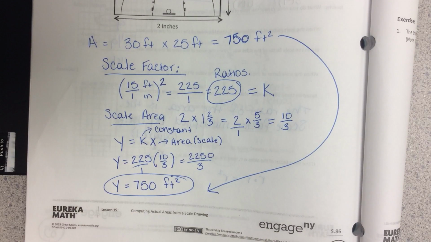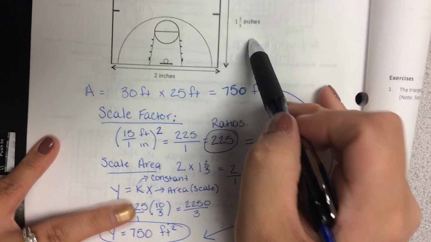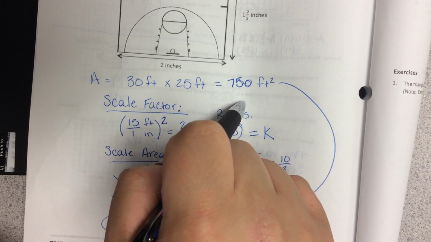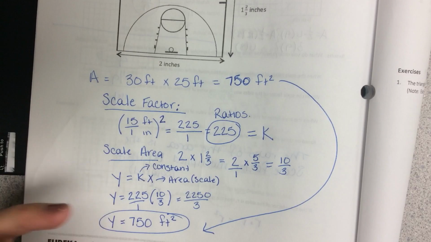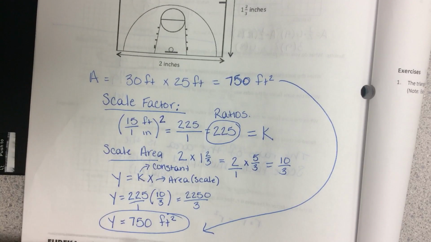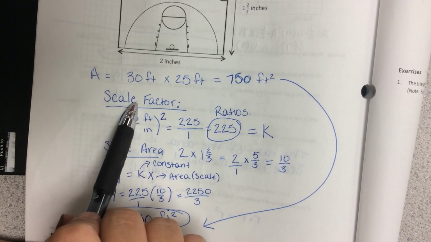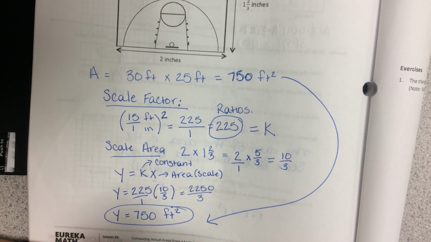As your teacher, I don't care which way you do it. If you wanted to convert 2 inches and 1 2/3 inches and then find the area of the actual thing, not just your drawing, I don't care if you choose to do it that way. I'm showing you another method. You can use your scale factor to figure out the area without having to do all the converting.